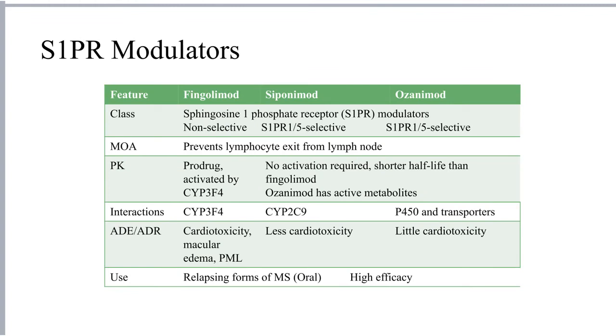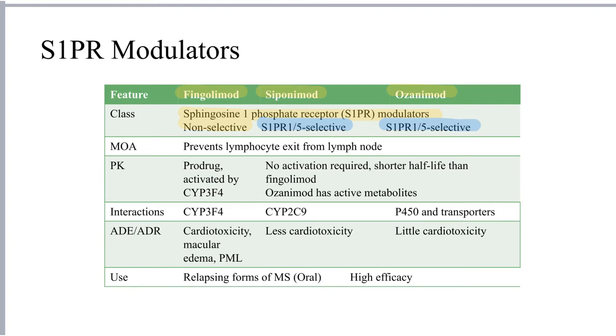There are 3 S1PR modulators currently on the market. These include fingolimod, siponimod, and ozanimod. Again, they are all sphingosine 1-phosphate receptor modulators. The primary difference in their mechanism is that fingolimod is non-selective for multiple sphingosine 1-phosphate receptors, whereas both siponimod and ozanimod are more selective for sphingosine 1-phosphate receptor subtypes 1 and 5.